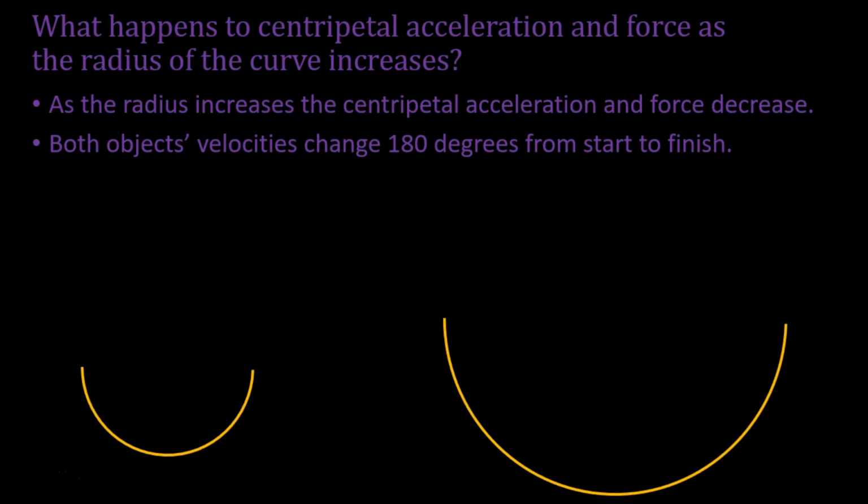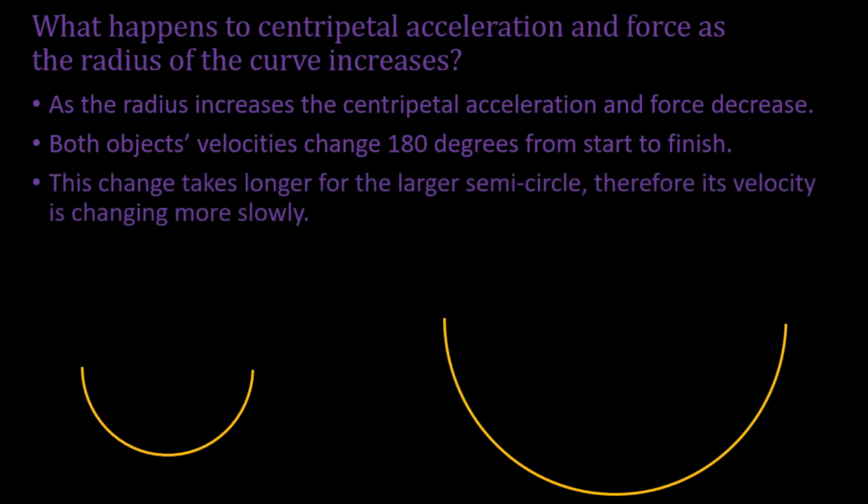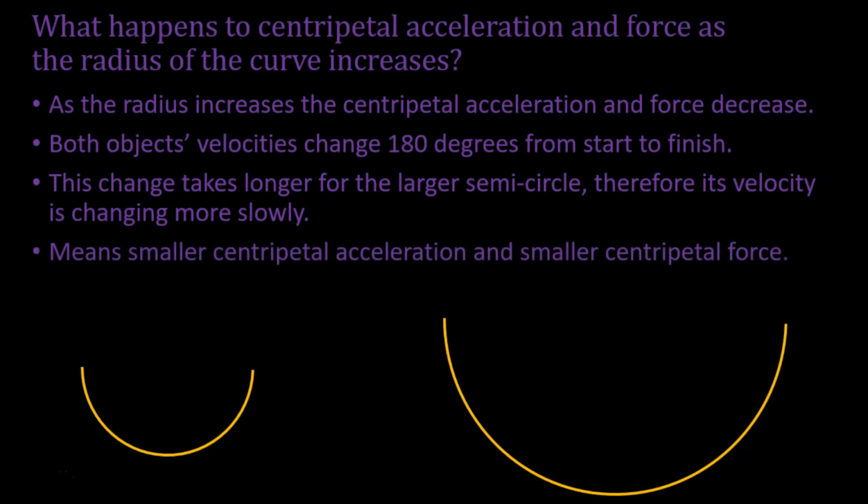When an object travels the semicircle from start to finish, notice that its velocity will change 180 degrees from start to finish. Now this change takes longer for the semicircle that's larger. Therefore, its velocity is changing more slowly, and that means a smaller centripetal acceleration and smaller centripetal force.